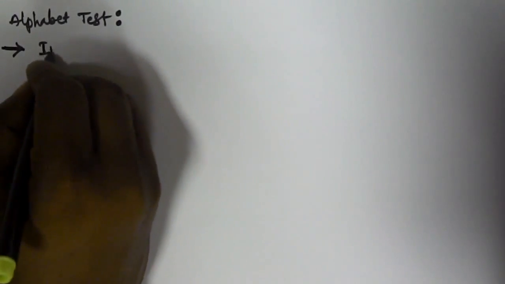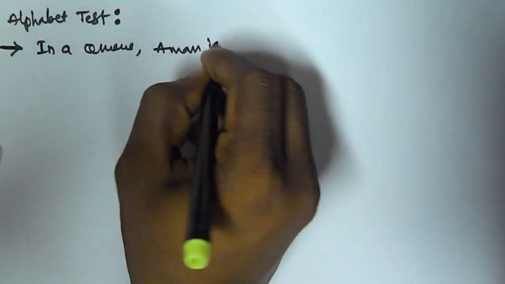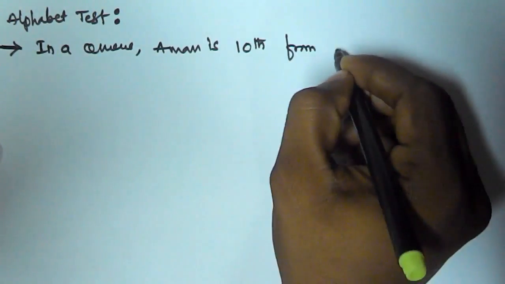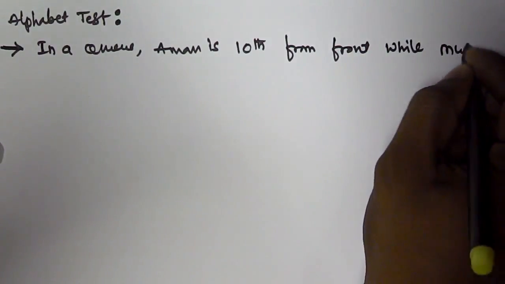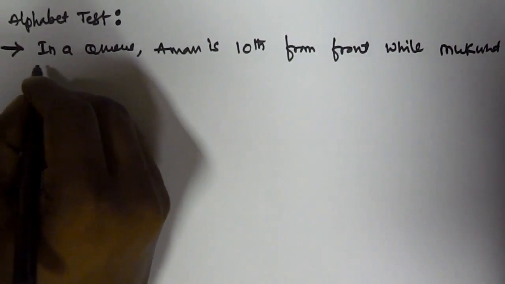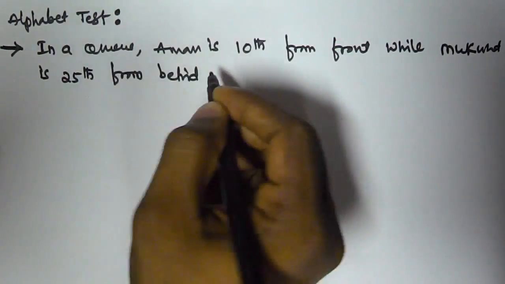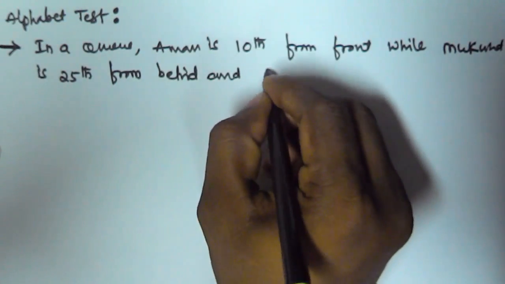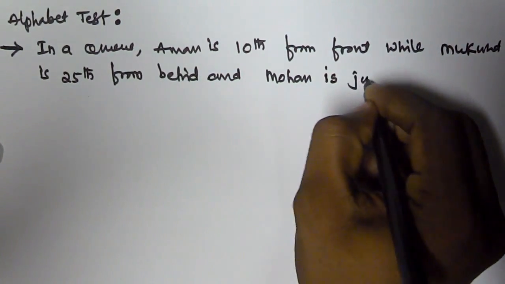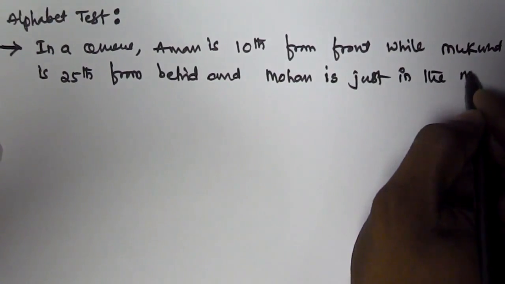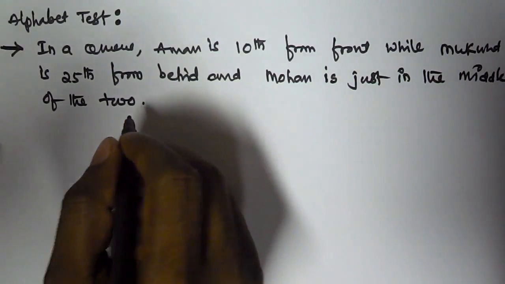The first one, the question is: in a queue, Aman is 10th from the front, while Mukund is 25th from behind, and Mohan is just in the middle of the two.